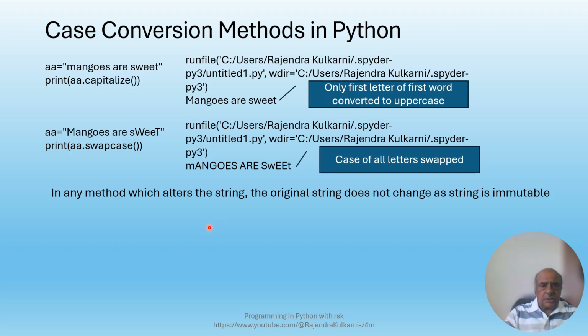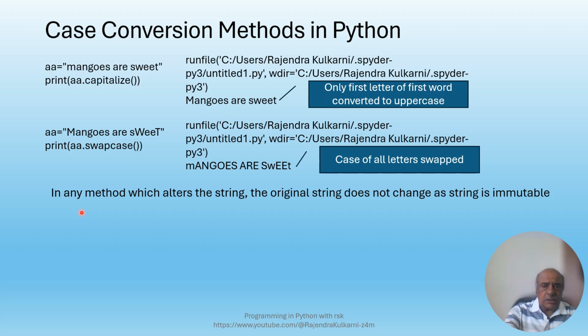In any method which alters the string, the original string does not change as string is immutable. We have seen in our last video that string is immutable. It cannot be changed programmatically during runtime.